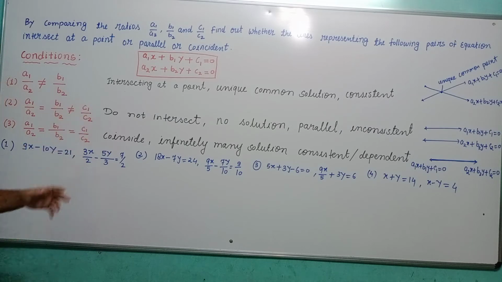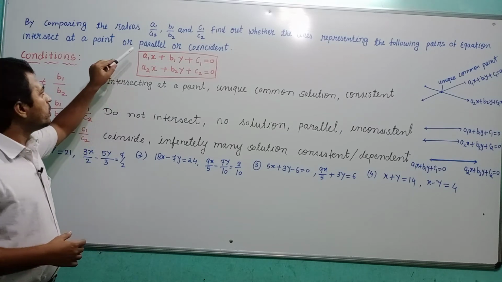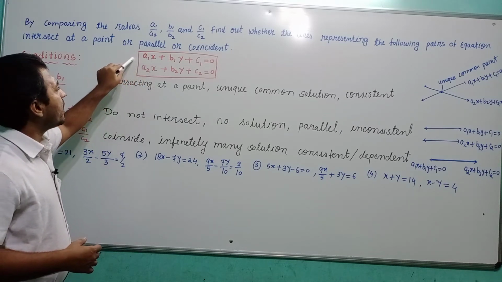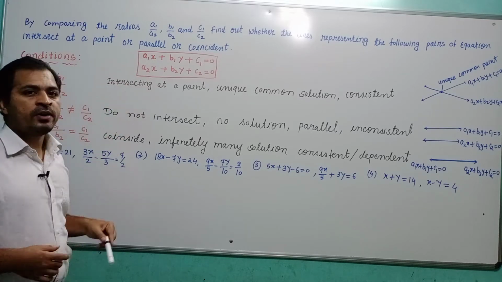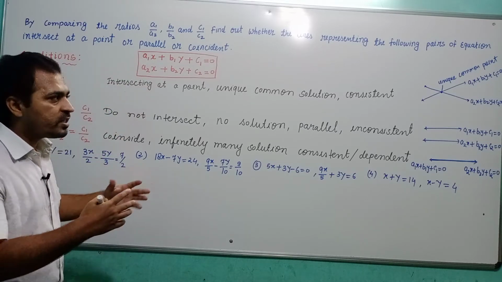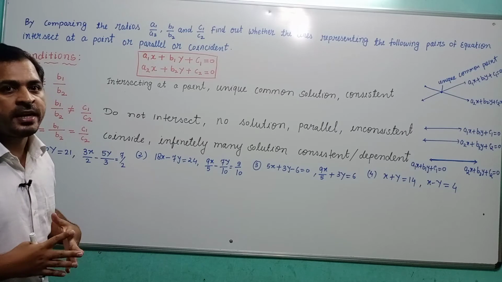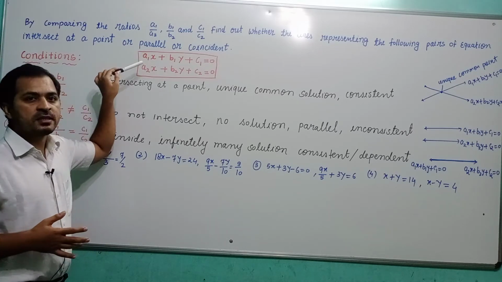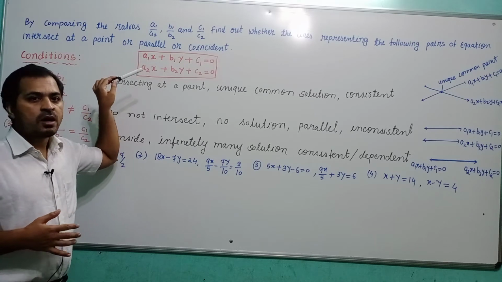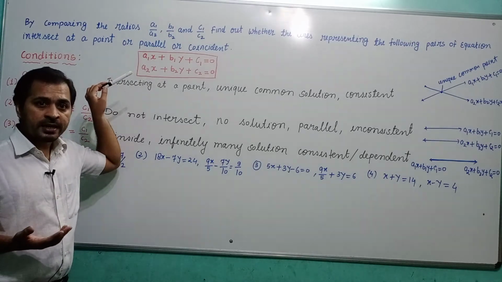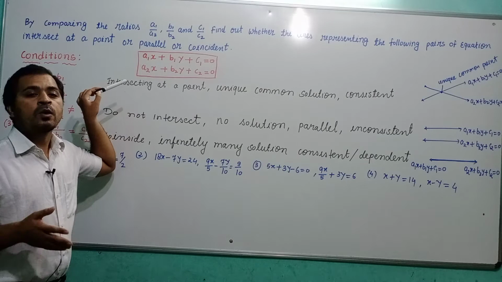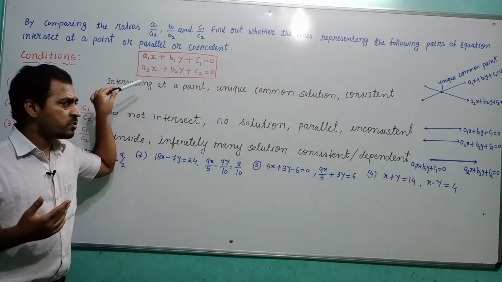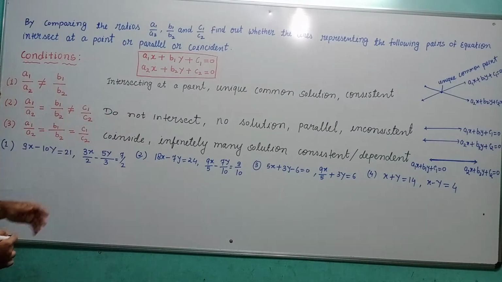On the basis of these conditions we can determine whether the pair of linear equations is consistent or not, intersecting or not, coincident or parallel, right students? Just see the first one.